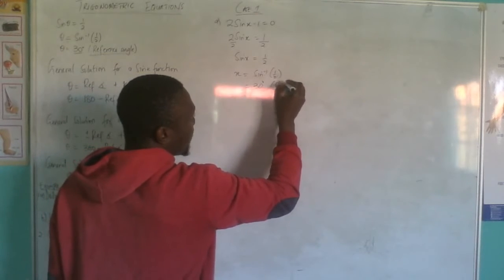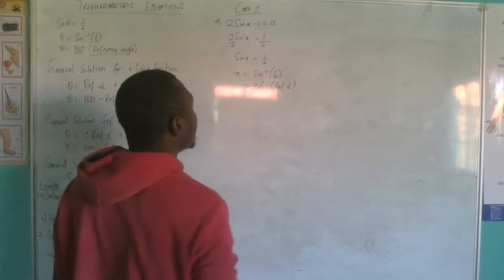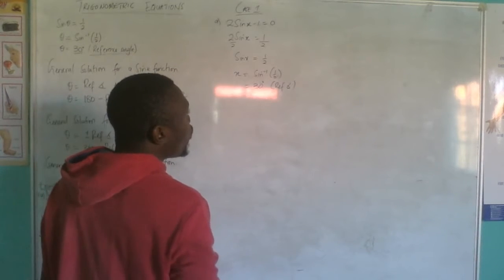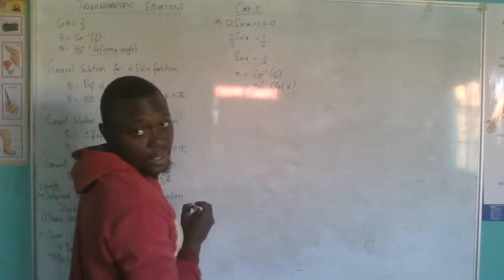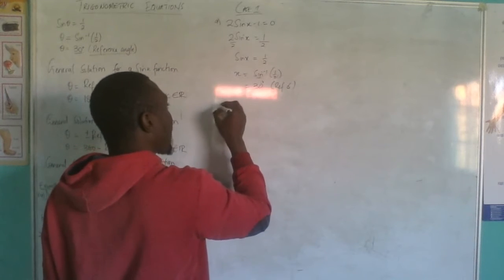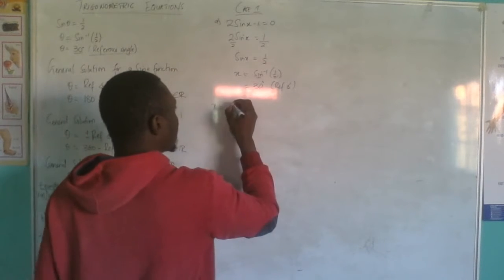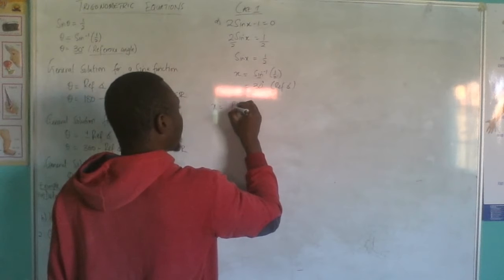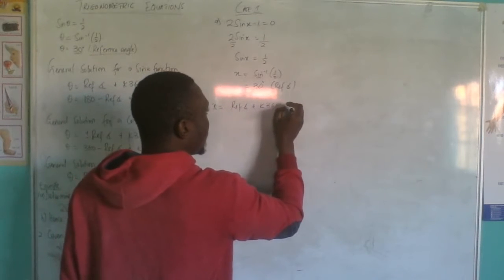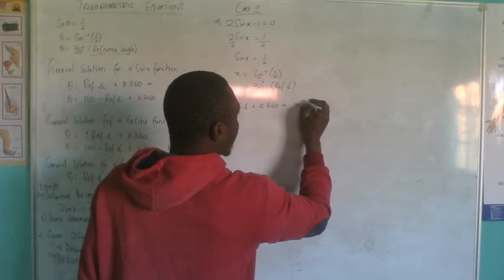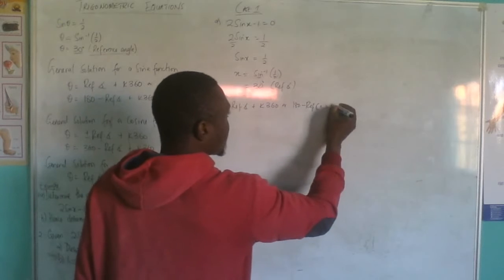And I'm saying this is my reference angle. So if this is my reference angle, then I ask myself, from which trig ratio did I get the reference angle? It's from sine. So if it's from sine, then I'll bring my general solution, which is the reference angle plus k360, or 180 minus reference angle plus k360.